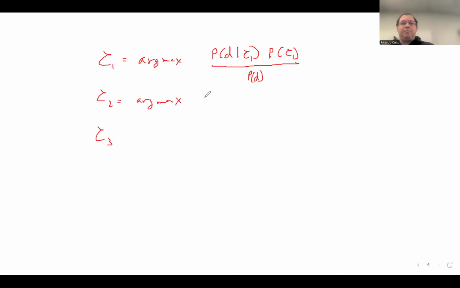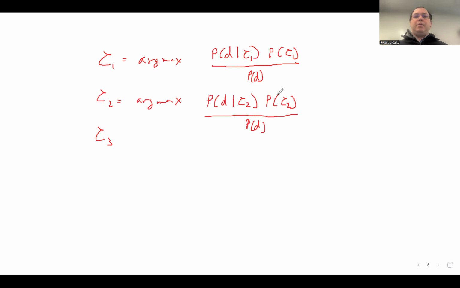Then we repeat this, argmax. What is the probability of this document given C2 times P(C2) divided by P(D), the probability of D. And then the third one, argmax of all 3.